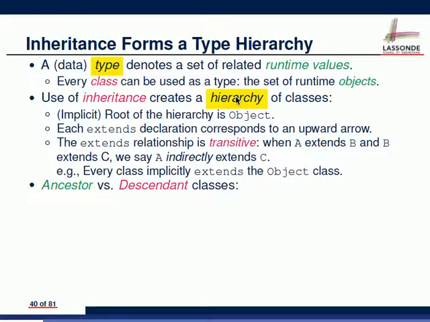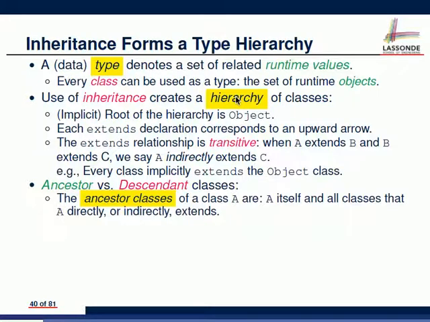Hopefully I don't have to spend too much time on this terminology since we learned that from the binary tree. So what's ancestor, what's descendant? Ancestor class means the class itself, also its parents, and so on, up to the root. Those are ancestor classes.